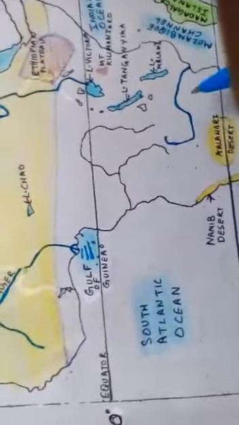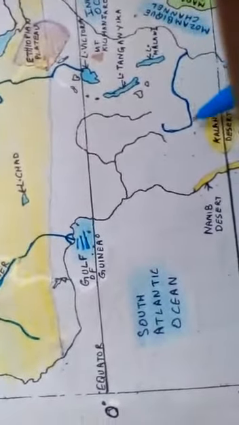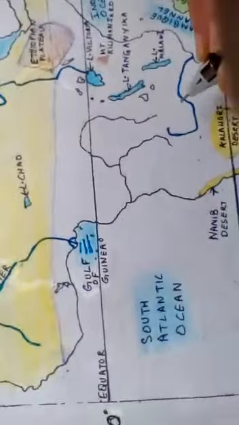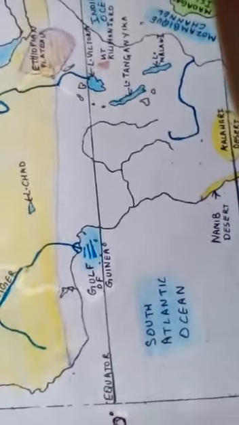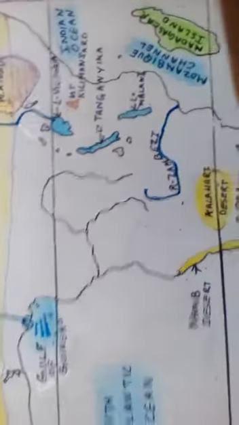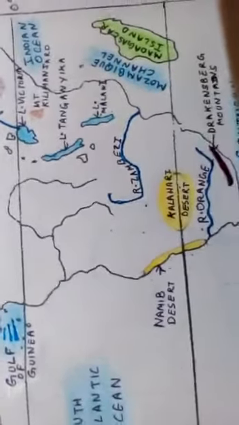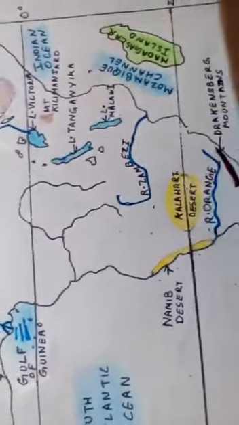The choice is all yours. After you have shaded the course of the river, simply take a pen. In bold letters, write the name of the river on top of it. So here we clearly write River Zambezi, one of the most important rivers of Africa.